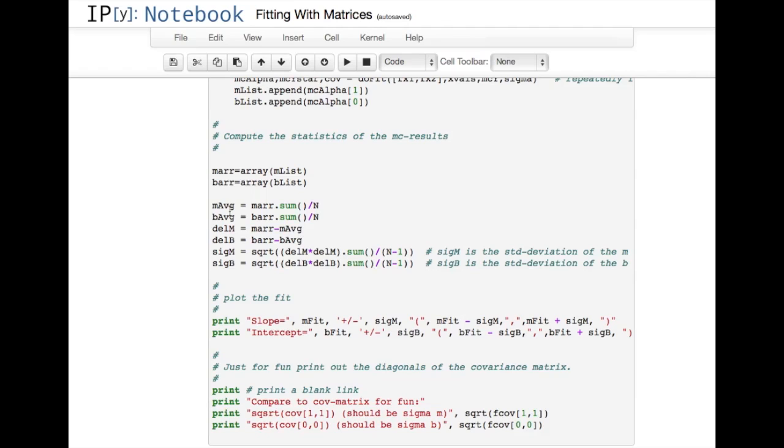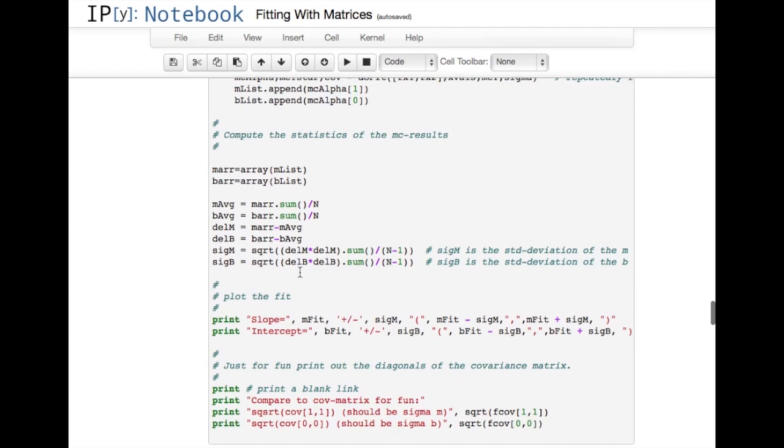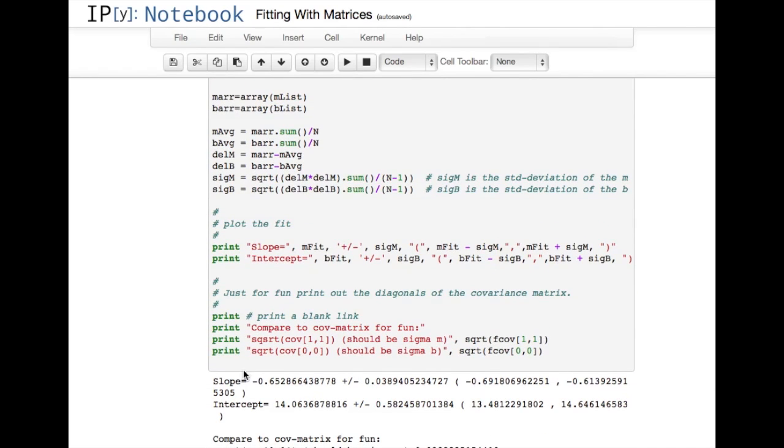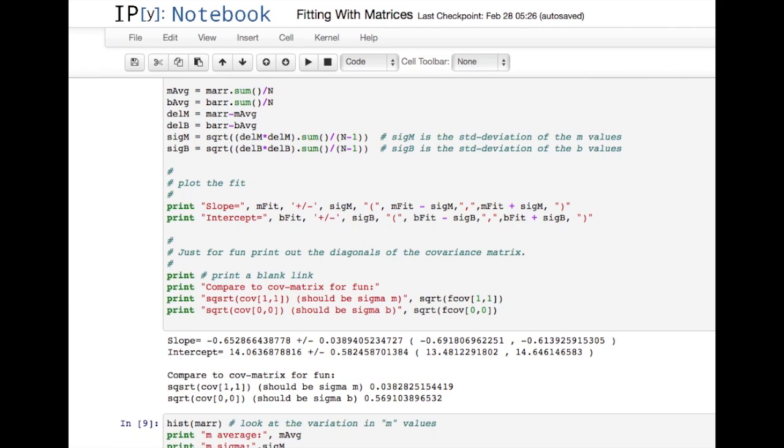I calculate the average slope, the average intercept, and then I compute the sigma, or the standard deviation of the slopes that I got, and the standard deviation of the intercepts that I got. And then I just print out the results. And to compare, I'm going to go ahead and print out the corresponding elements of the covariance matrix that are supposed to, at least in theory, be like those.